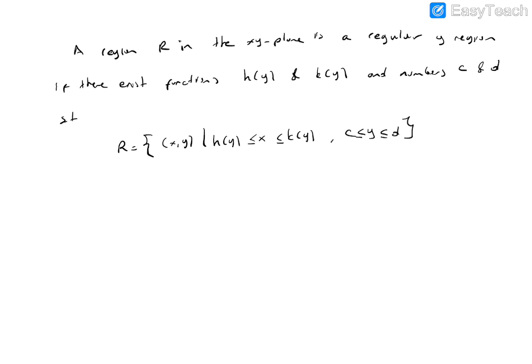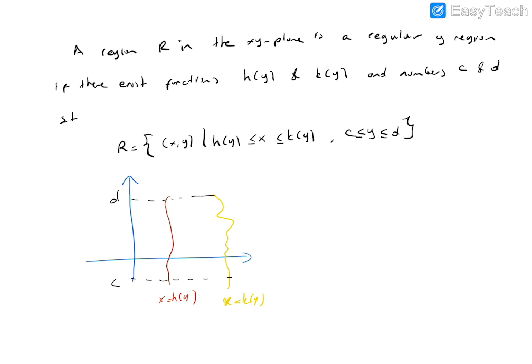So the figure of this region: x equals h of y graph like this one, for example, and x equals k of y graph like this one. So y changes between c and d. This is the c value, the small one. This is the d value, the big one.